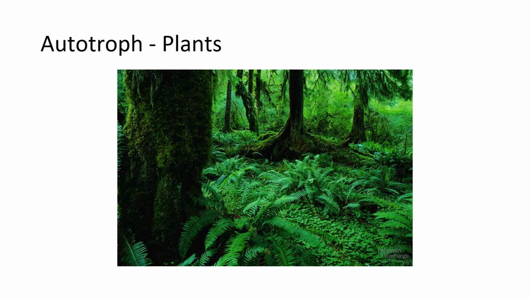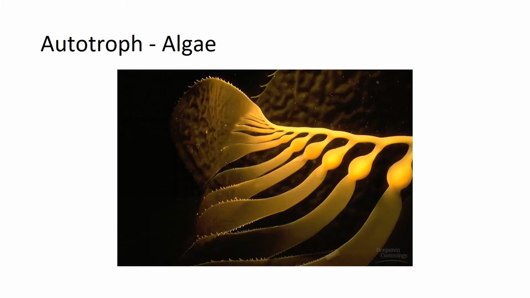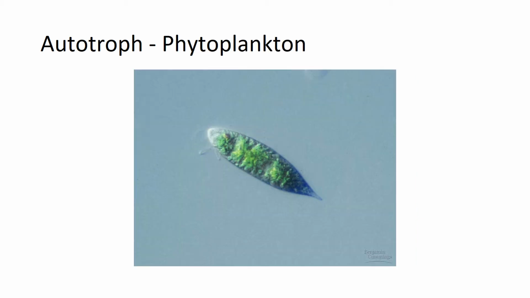As we saw in the Amoeba Sisters video, plants are going to be primary producers, and then of course there are algae that are going to convert sun energy into chemical energy. And of course, there might even be some phytoplankton.